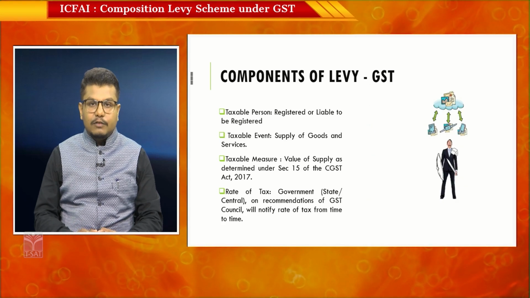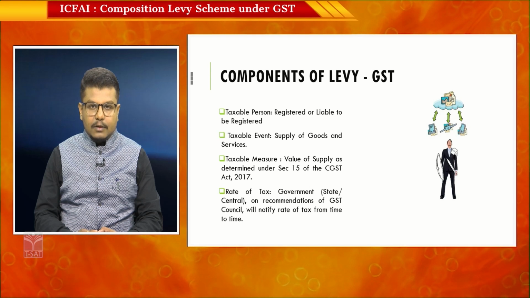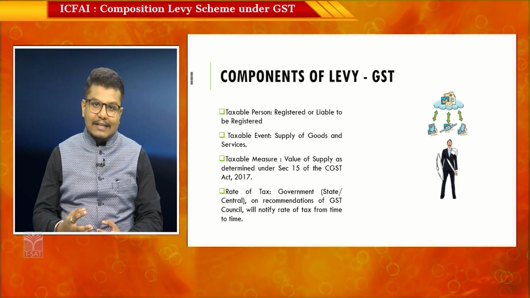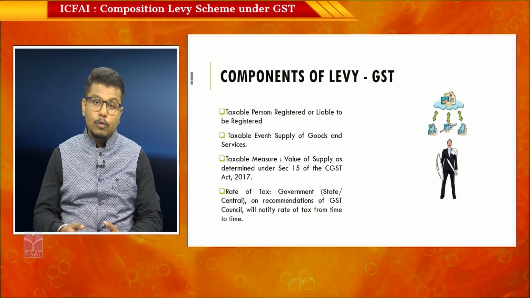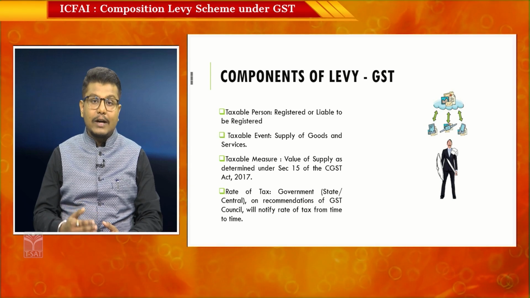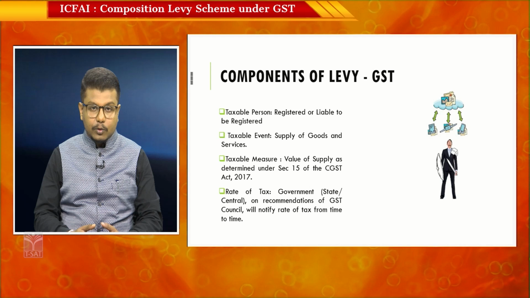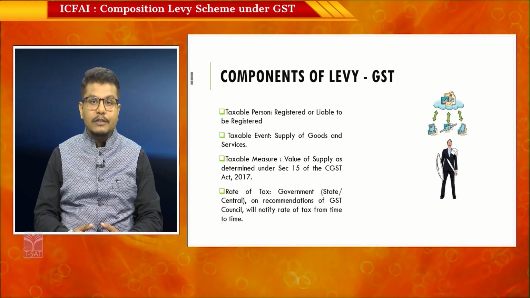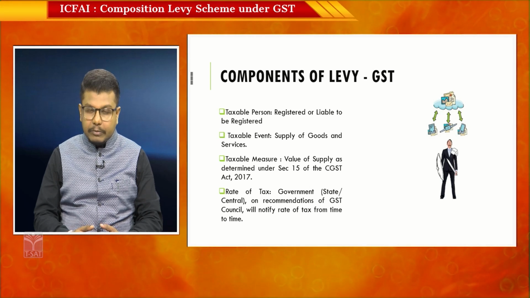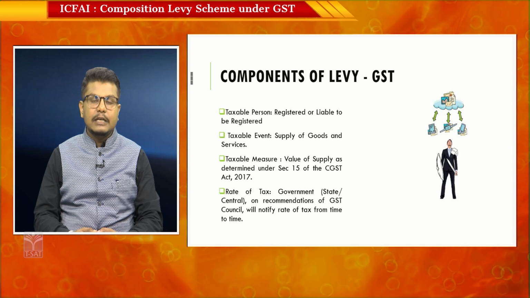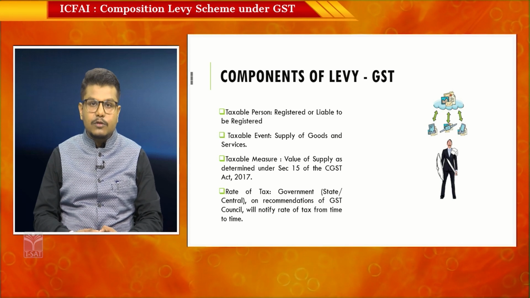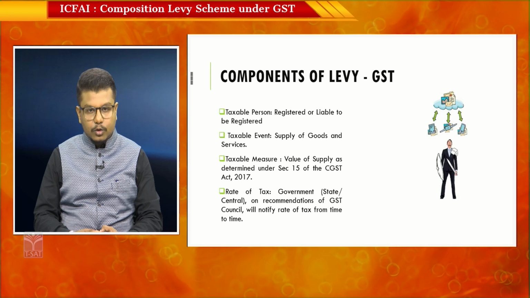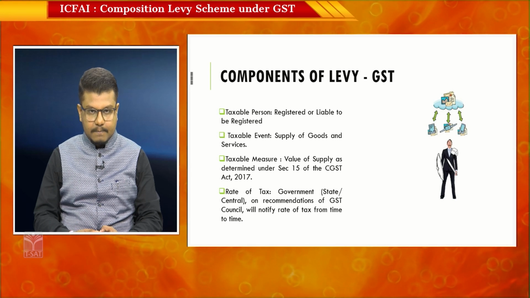What are the components of levy? I mean, when the tax is being imposed, how it is to be imposed, on whom it is to be imposed, on what incidences the taxes are going to be imposed, and what will be the rate of taxes. Here, we are specifically dealing with indirect taxes, that means taxes imposed on consumption of either goods or services.